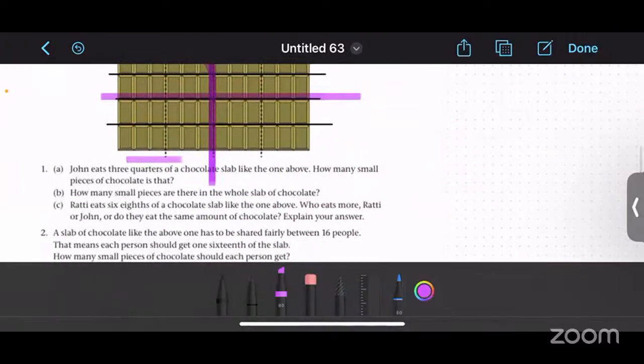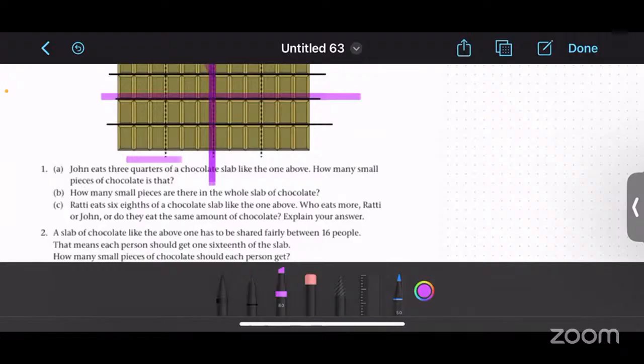Perfect. And then there's a first question over here that says, John eats 3/4 of the chocolate slab, like the one above. How many small pieces of chocolate is that?